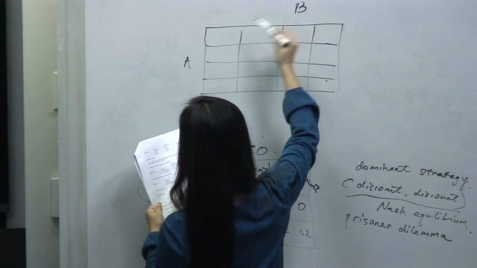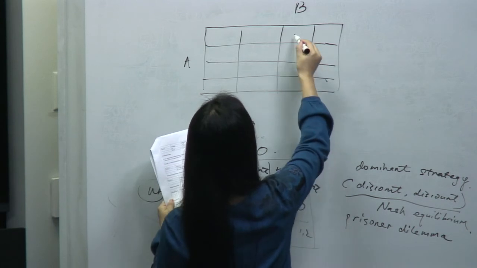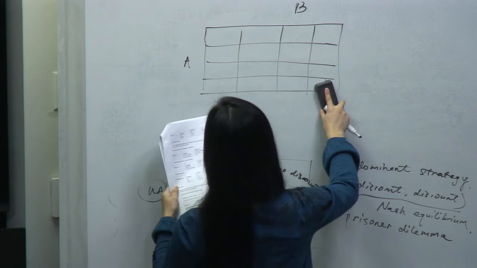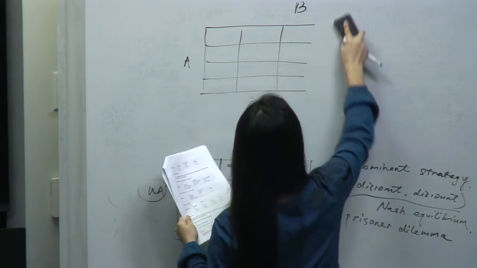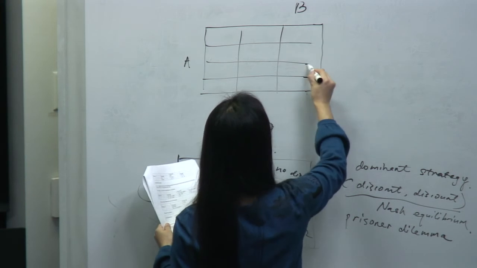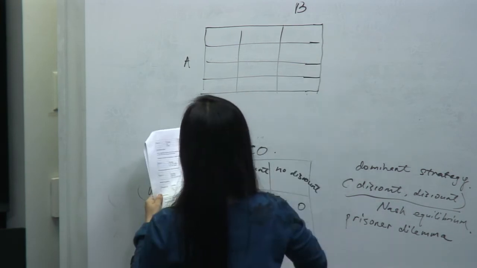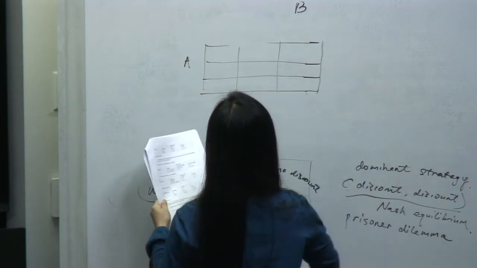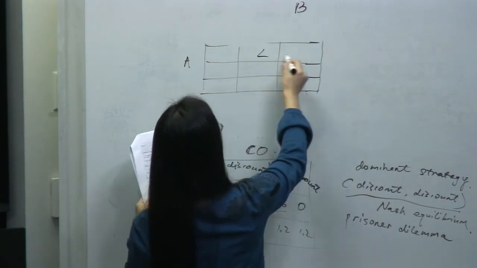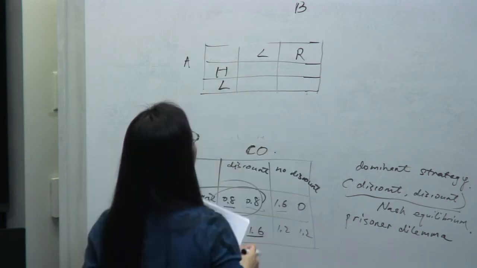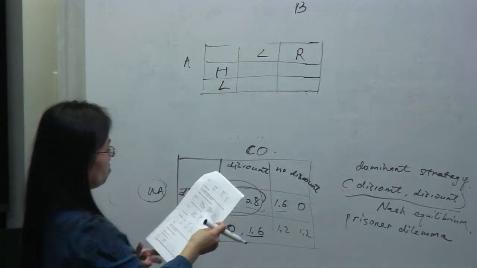We'll have two players, A and B. Each one has two strategies to choose from.